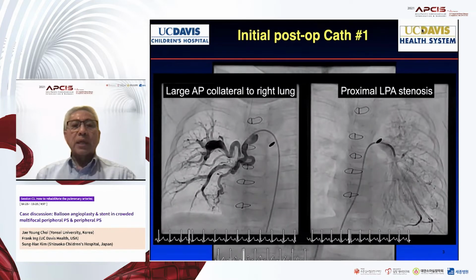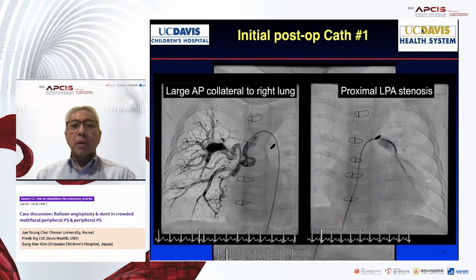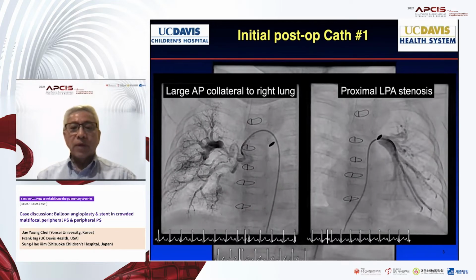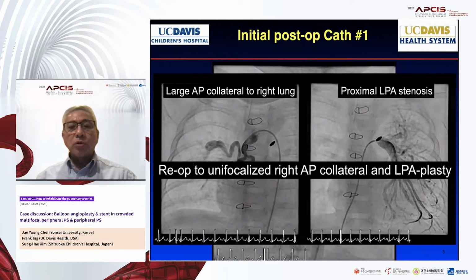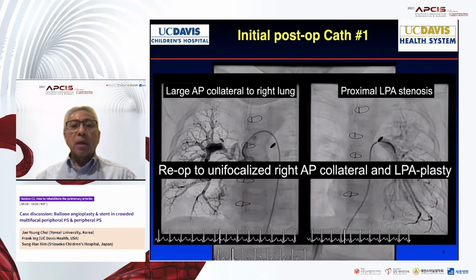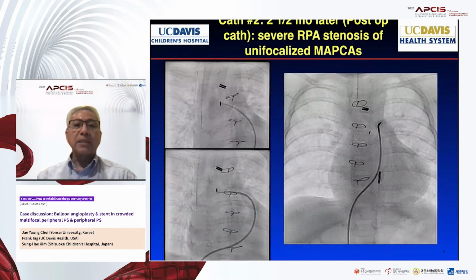The patient went back to the operating room and they unifocalized the right lung PA collaterals back to the MPA and then did an LPA plasty.